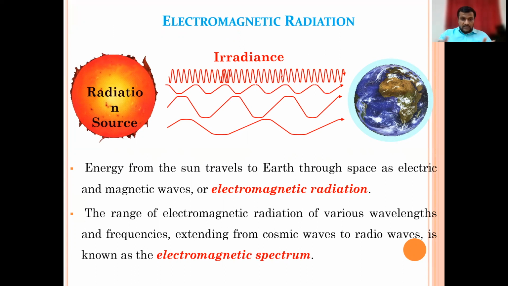It travels from the sun towards the earth and passes through space as electromagnetic waves, which we generally call electromagnetic radiation or electromagnetic energy. The range of electromagnetic radiation of various wavelengths and frequencies, extending from cosmic waves to radio waves, is known as the electromagnetic spectrum.